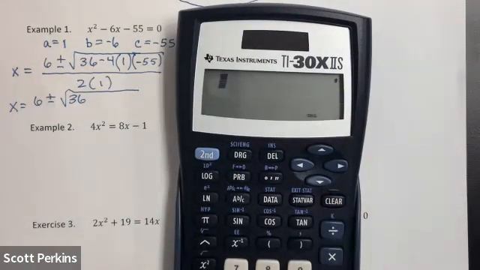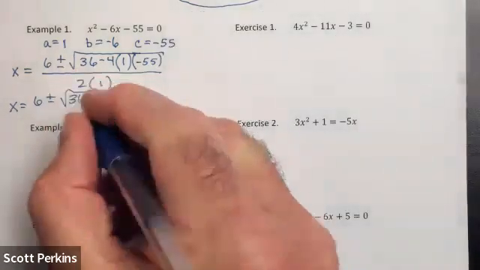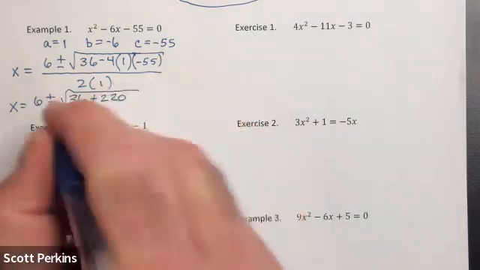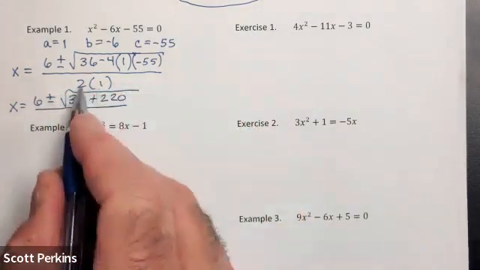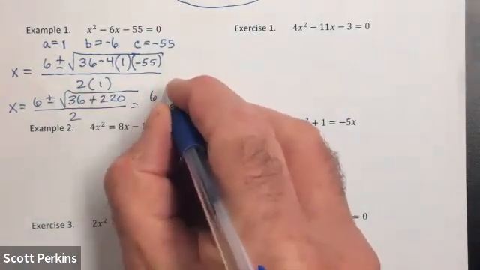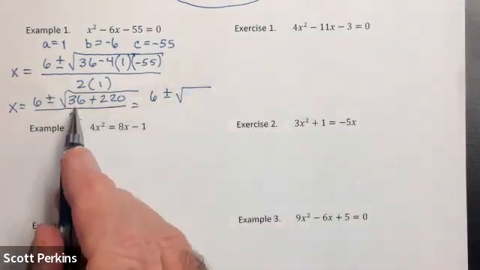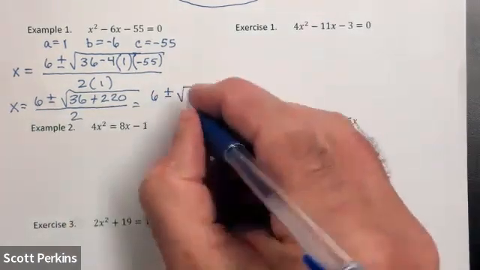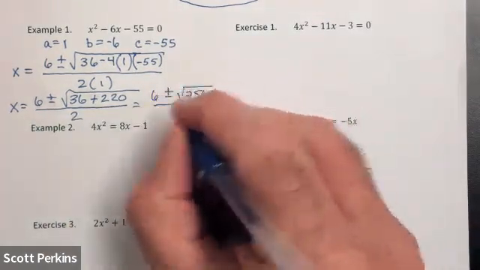Whoops, I put that in the wrong way. Negative 55 times negative 4 is going to be positive 220. In the bottom, 2 times 1 is 2. 36 plus 220 is 256 over 2.